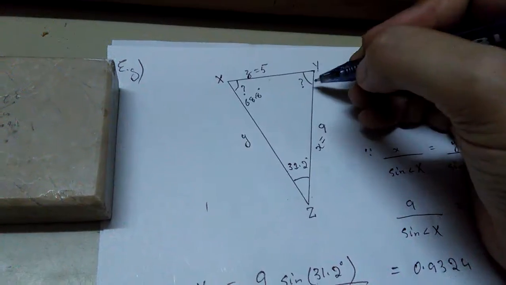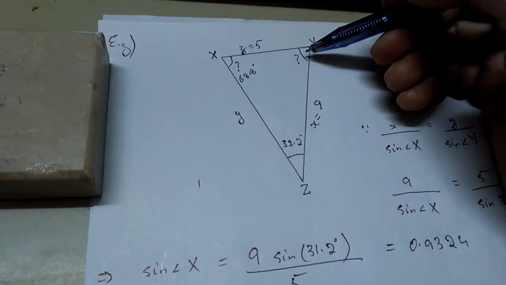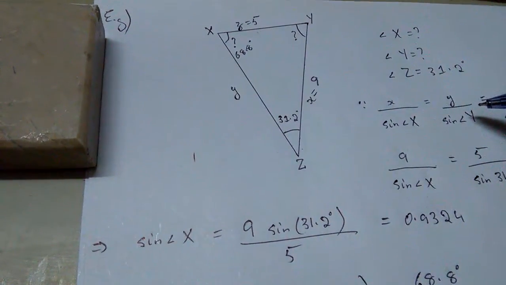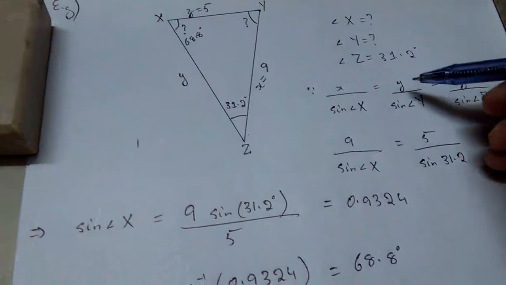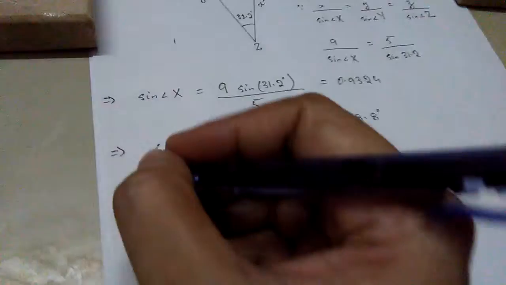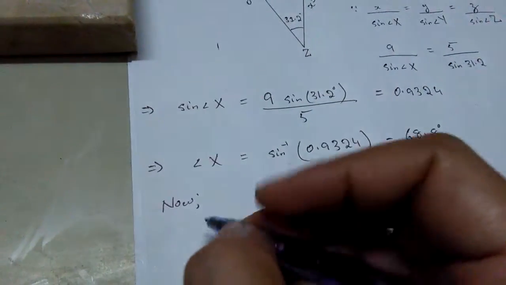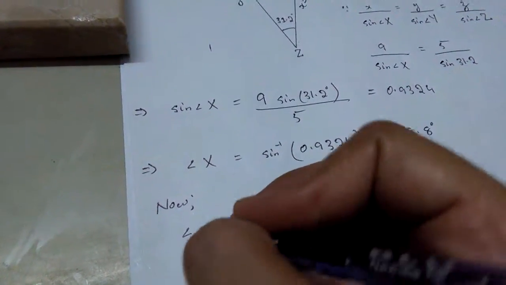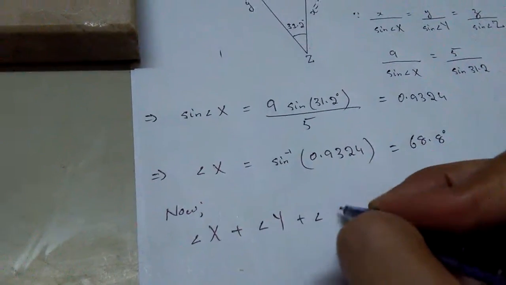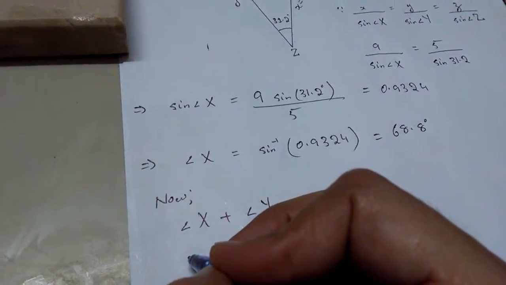Now as far as this angle is concerned, you can simply subtract these two angles from 180 to get the third angle. Also, you can take the help of your ratios. No, you cannot, because angle Y is not given to us. So we simply find angle Y, and we know that the sum of the interior angles of a triangle always equals 180. Angle X we have just calculated.